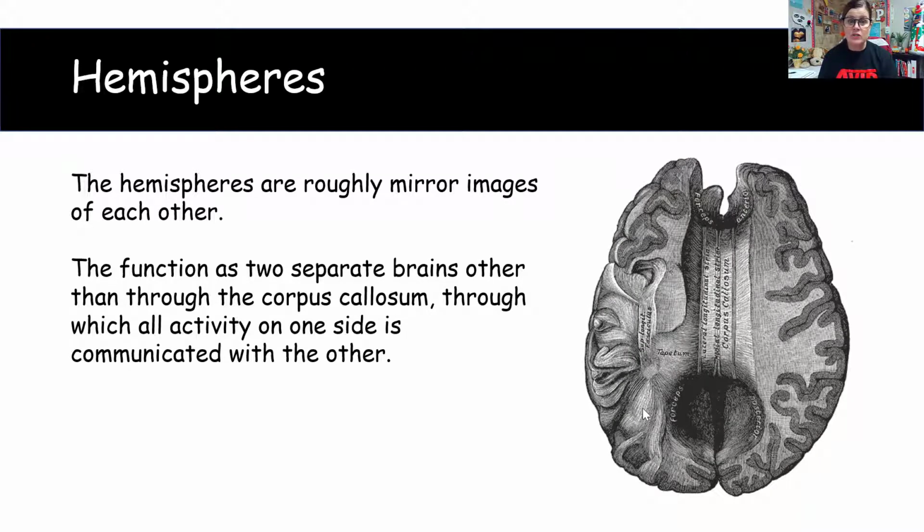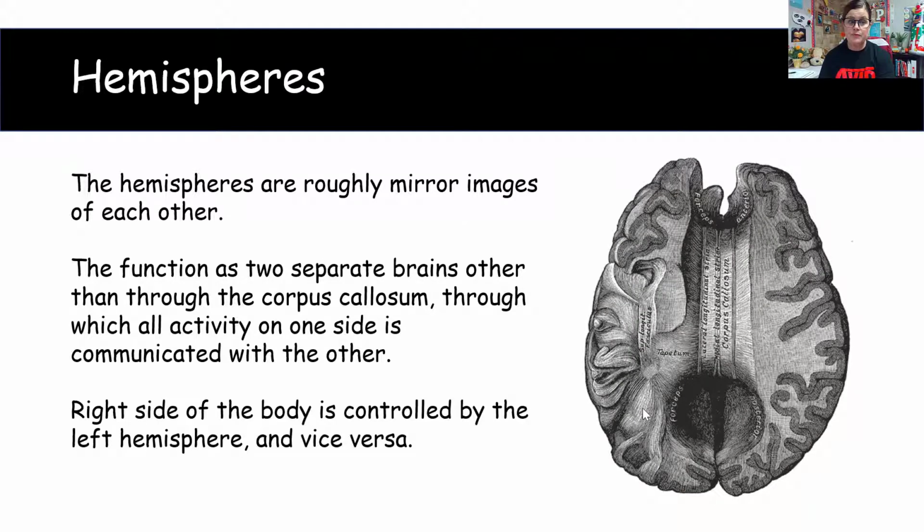They've got different responsibilities, other than through the corpus callosum, which brings them together and helps the two sides of the brain communicate with one another. The right side of the body, you already know this, is controlled by the left hemisphere. The left side of the body is controlled by the right hemisphere. So just a little bit of review to set the stage as we get ready to talk about split brain procedures.